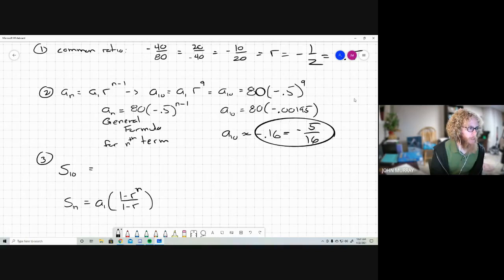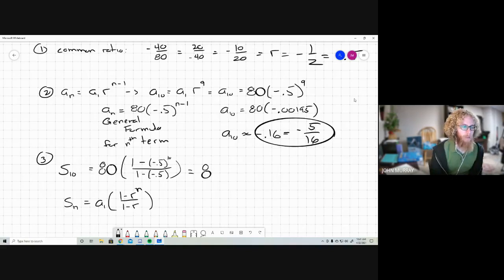So S10 is going to be a1, which we know is 80, our first term, times 1 minus negative 0.5 to the 10th, over 1 minus negative 0.5.